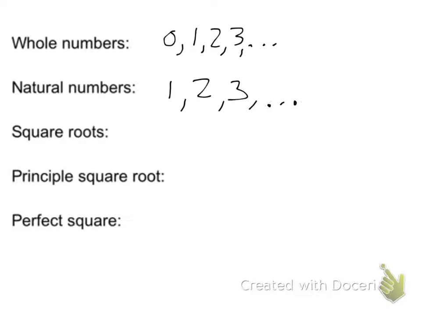The definition the book used is that it's one of two equal factors of a number. So why is the square root of 25 5? Because 25 is made up of two equal factors, 5 and 5.